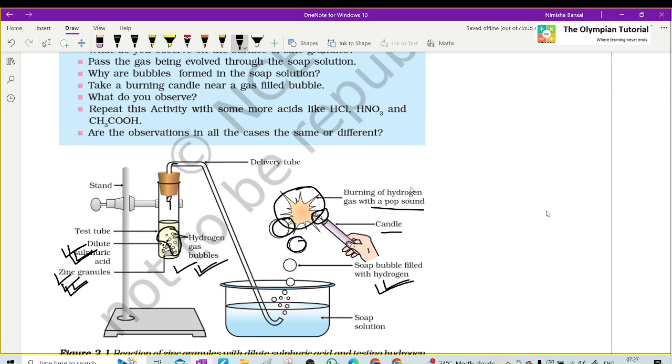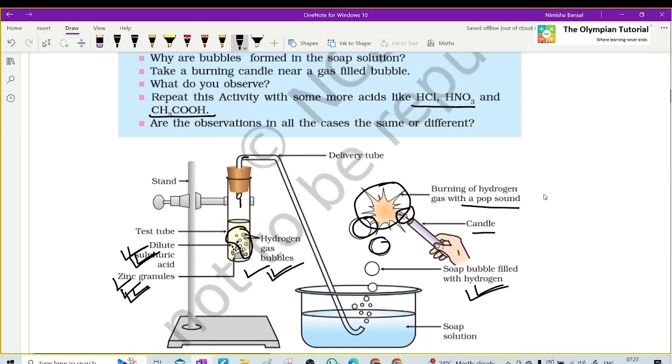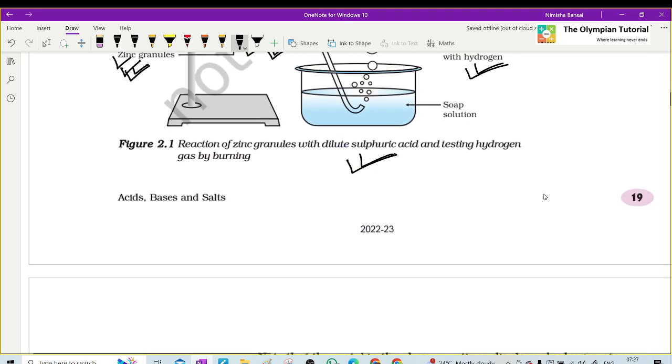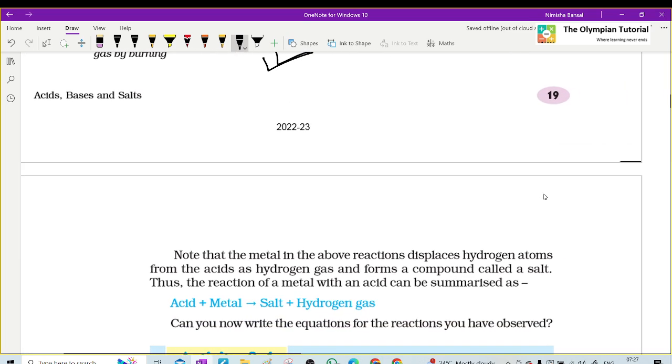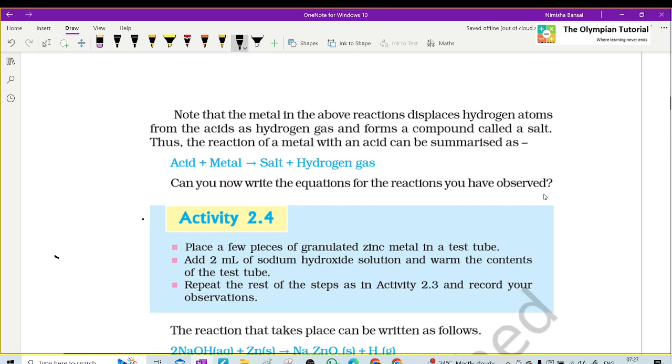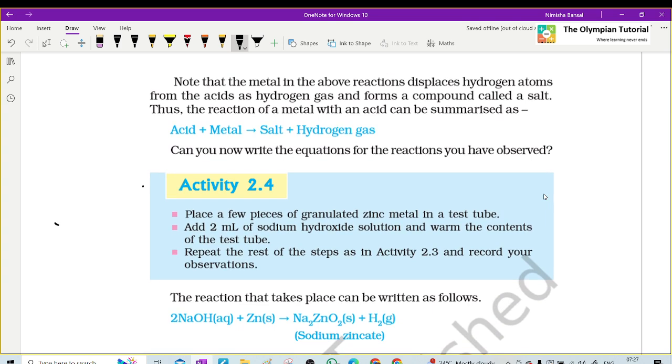Repeat this activity with some more acids like HCl, HNO3 and CH3COOH. Now read this one. Note that the metal in the above reactions displaces hydrogen atoms from the acids as hydrogen gas and forms a compound called a salt.